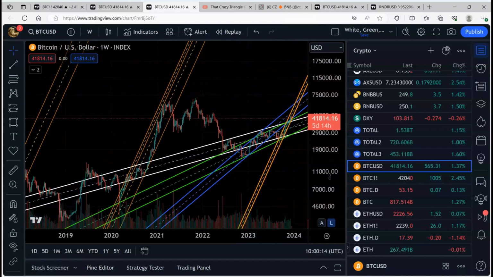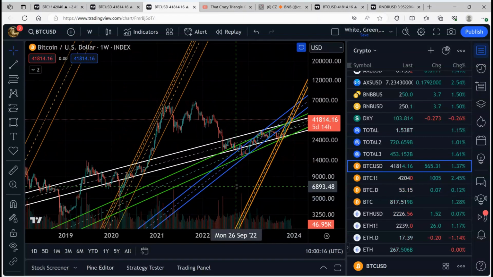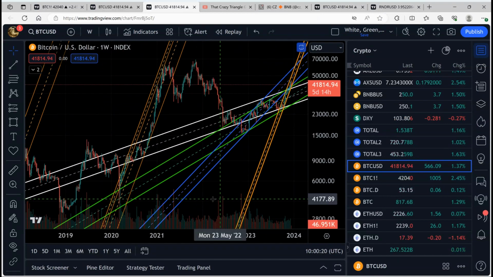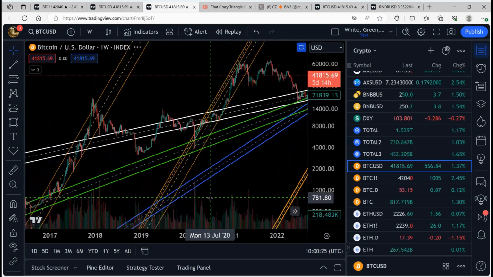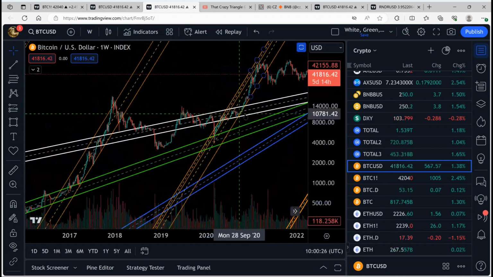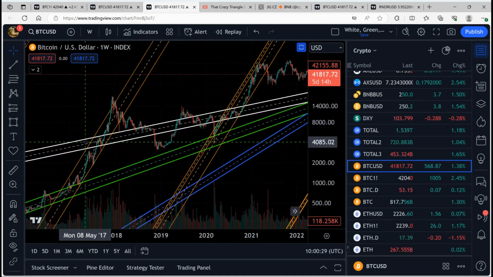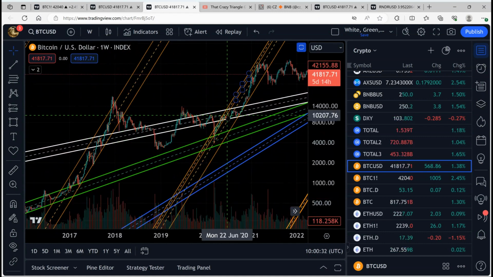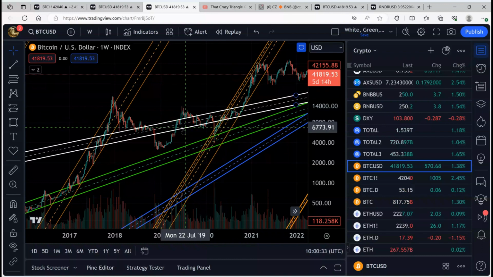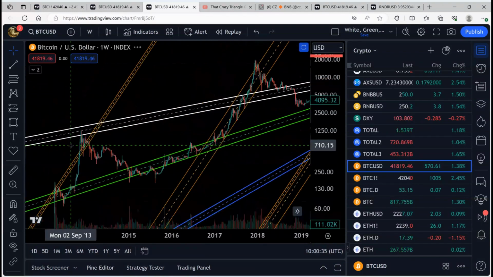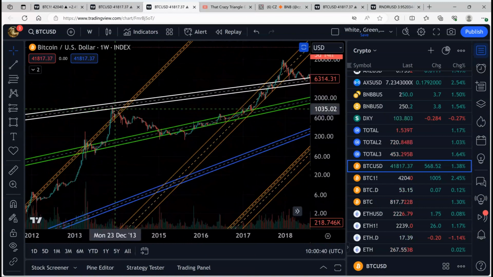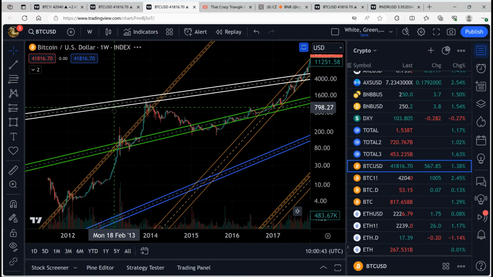If you look back at the history of the white channel, you know what? Let me see what happens if I turn this on. You can see price action in the white channel throughout, going back in history to 2019, 2018, 2017, all the way back to December of 2013.